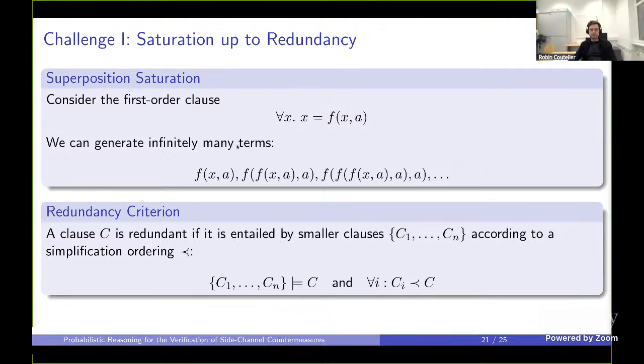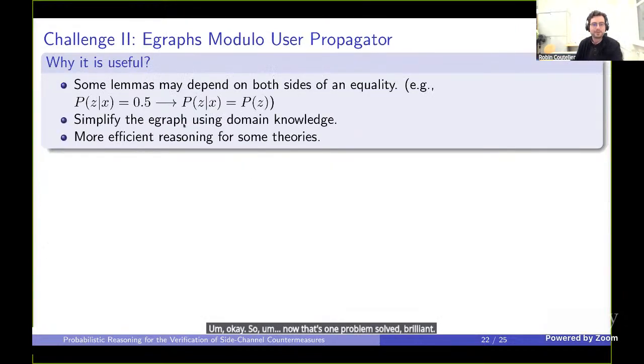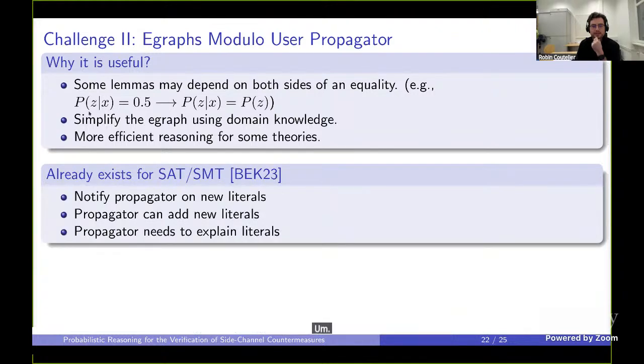Okay. So now that's one problem solved. Brilliant. The second problem is this lemma introduction that we discussed earlier. This reminded me a little bit of what SAT solvers do as user propagators.